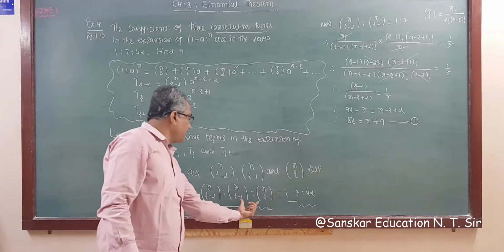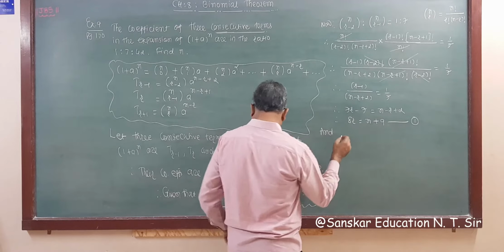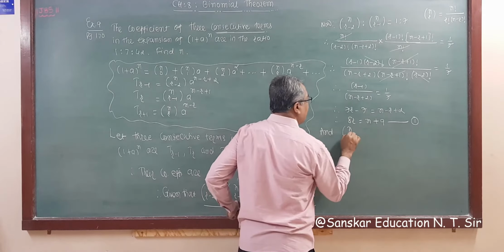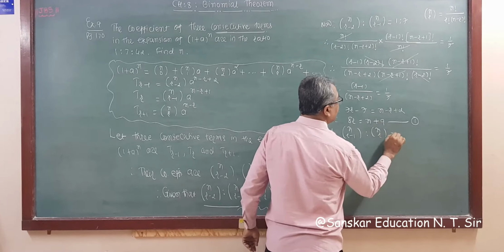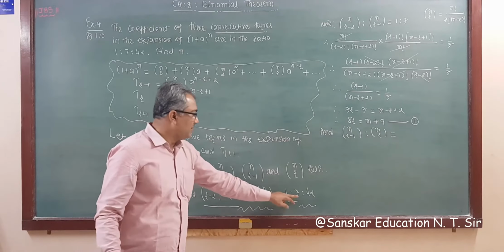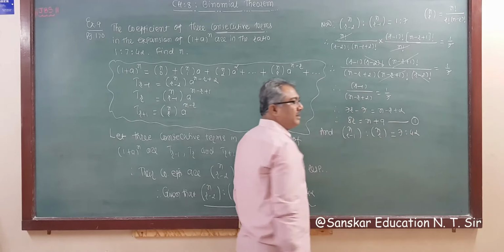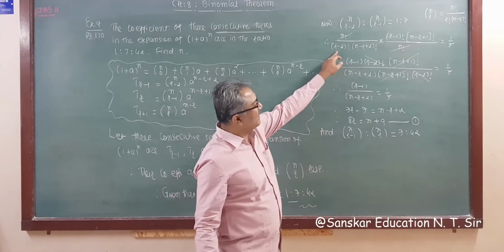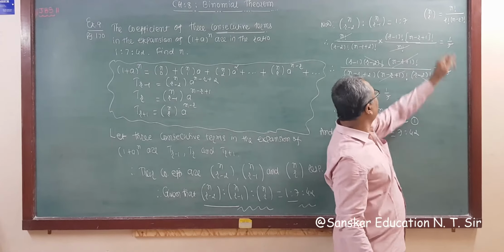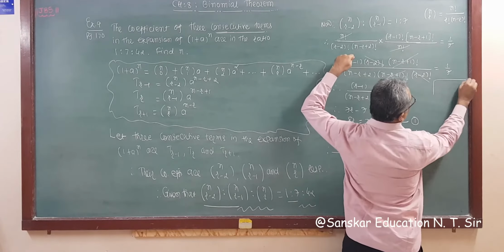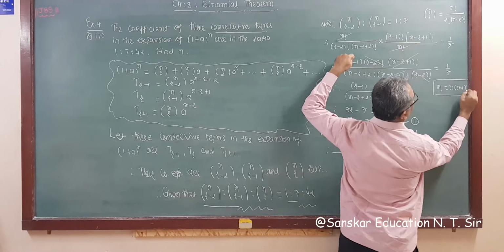Now taking this, I am writing here nCr-1 is to nCr is equal to 7:42. So 7 is to 42. We need this type of question in PNC, right? So simplifying like this, what we get? n factorial, applying this formula, n factorial is equal to n into (n minus 1) factorial.